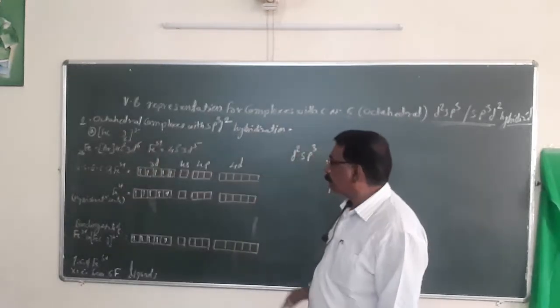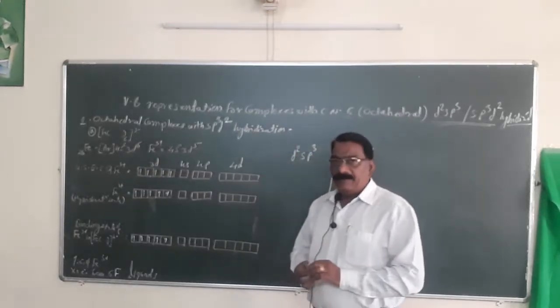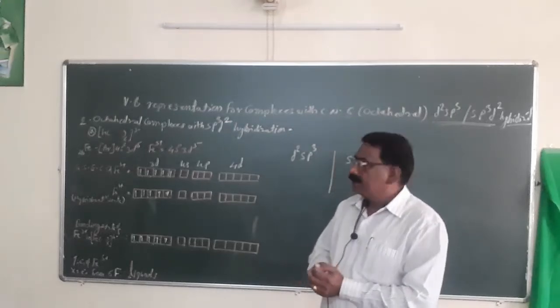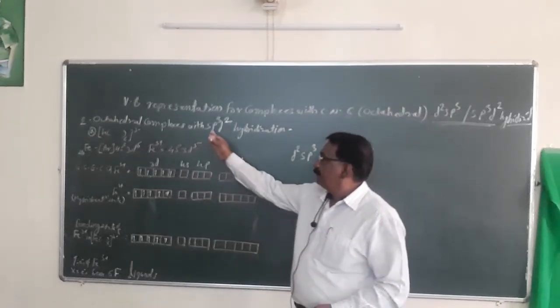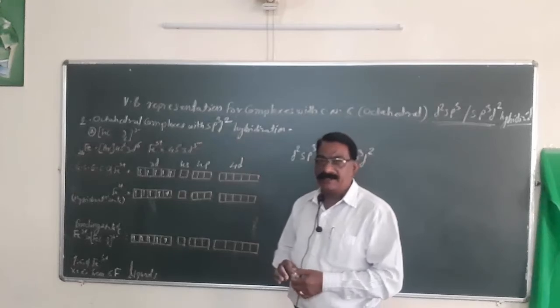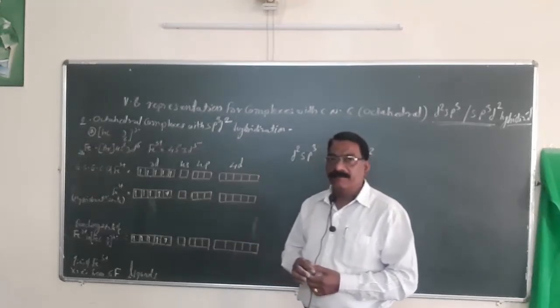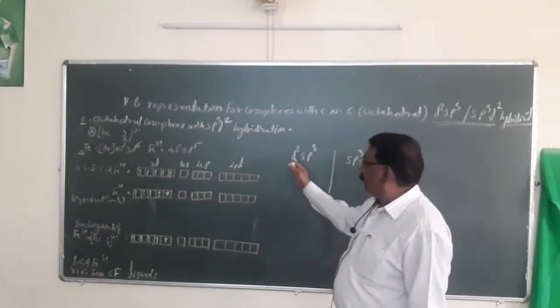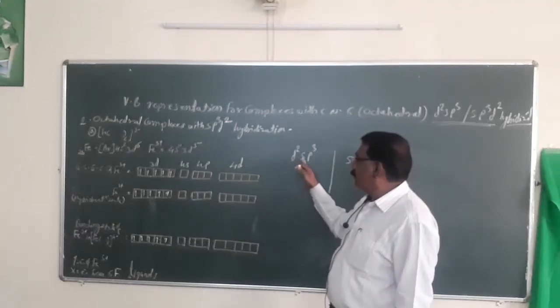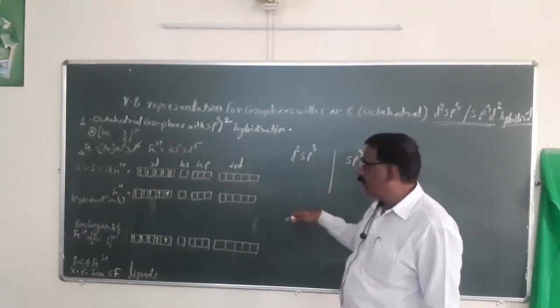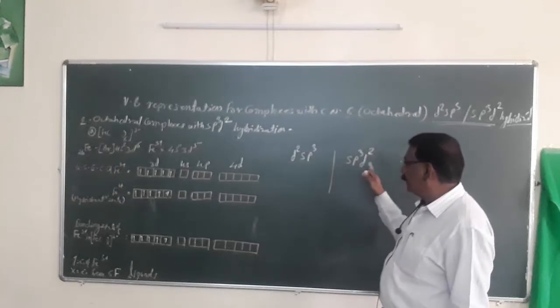See here, the second type of octahedral complexes, that is complexes with sp3d2 hybridization. Previously we saw the octahedral complexes with d2sp3 hybridization, and now we are going to see sp3d2 hybridization.